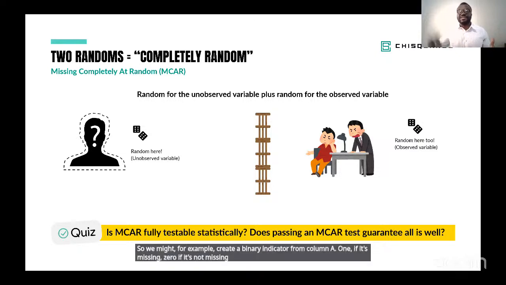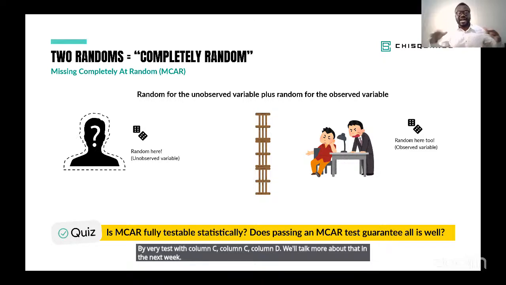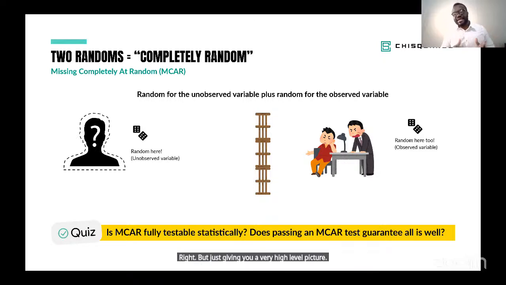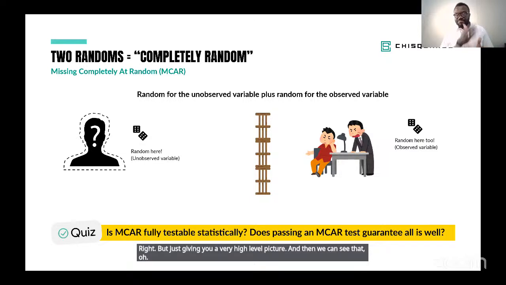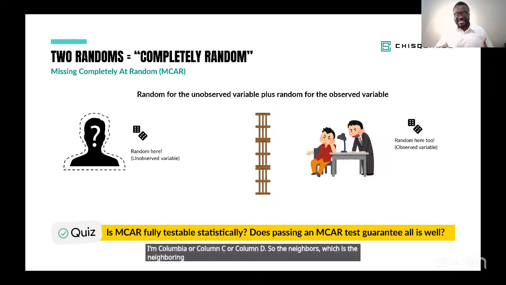And we can then do, for example, a bivariate test with column B, column C, column D. We'll talk more about that next week, but I'm just giving you a very high-level picture. And then we can see that there's no association between missingness in column A and column B, or column C, or column D. So the neighboring variables in the data set are not associated with missingness.